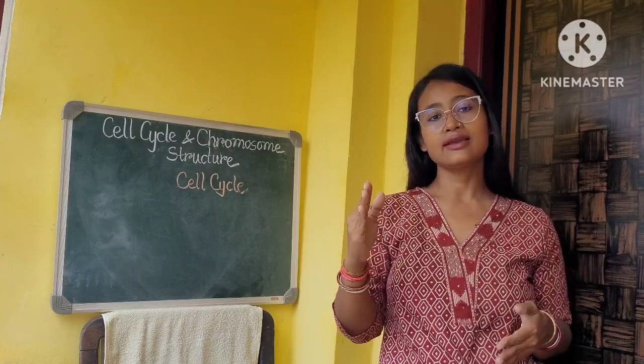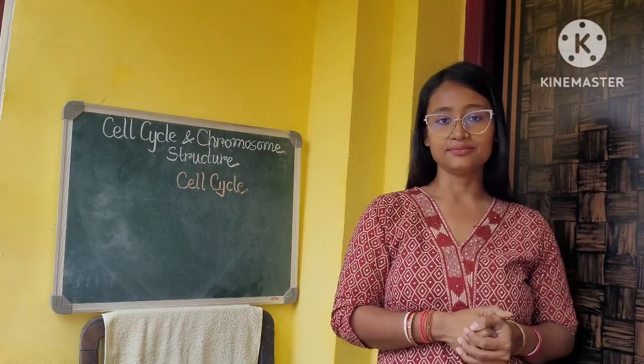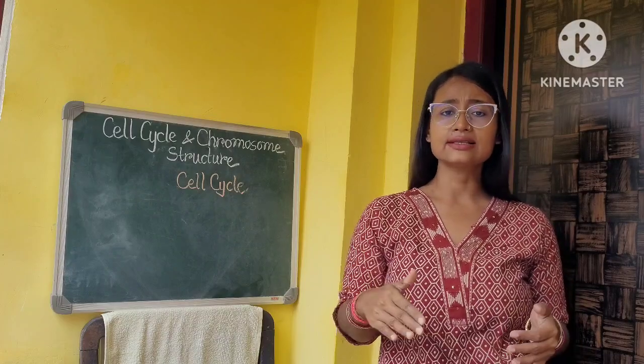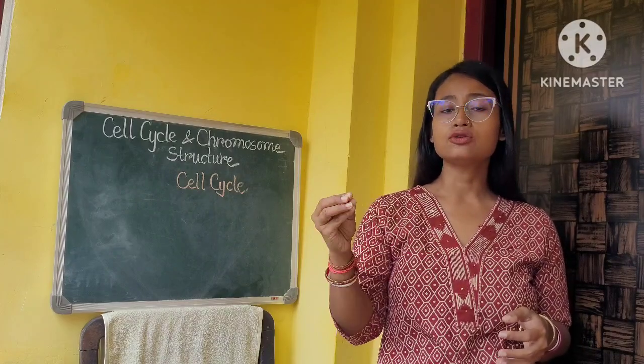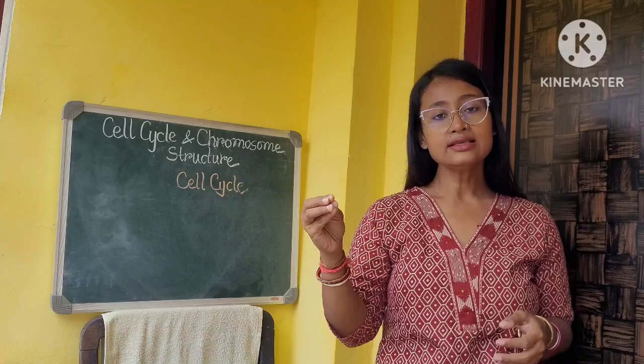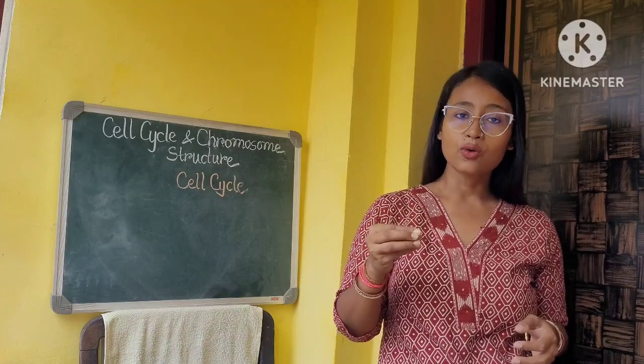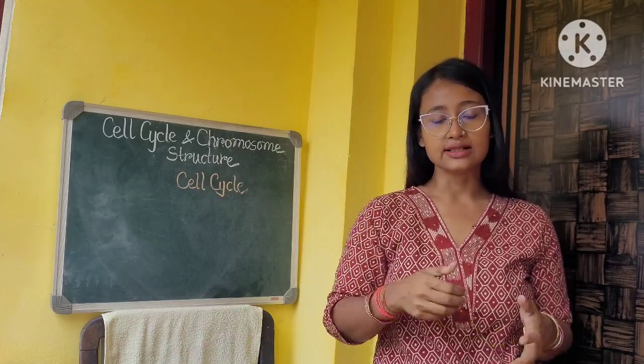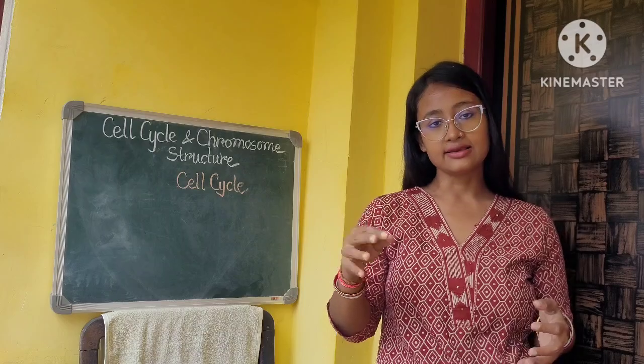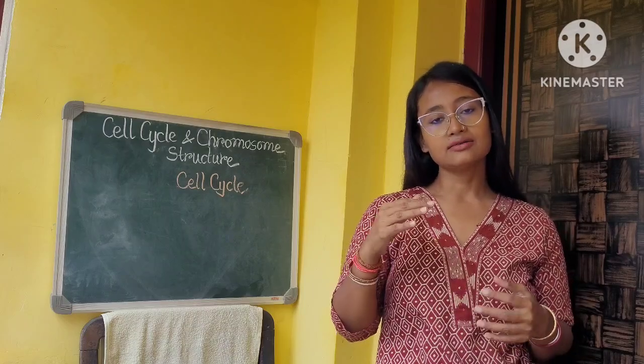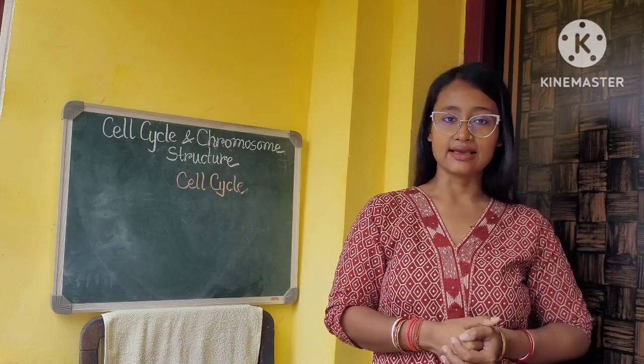And this whole thing is known as the cell cycle. This occurs in a cyclic way. As they give birth to new cells, these cells also then grow, and then they also produce new cells. So this is a cyclic thing, and that's why this is called the cell cycle.